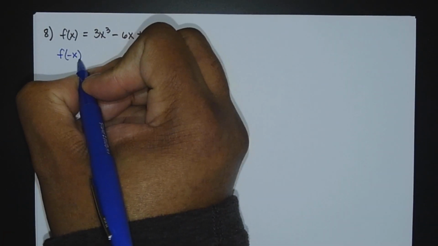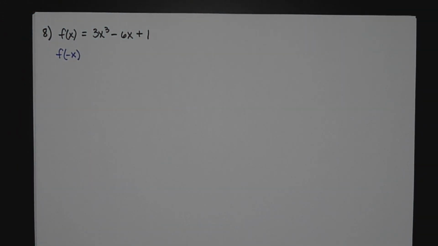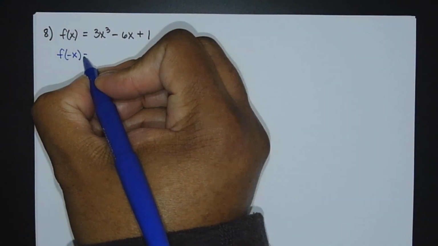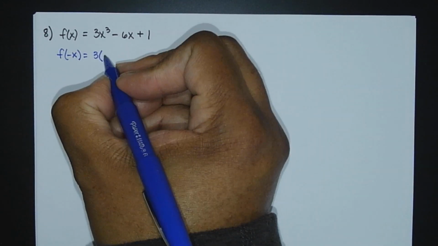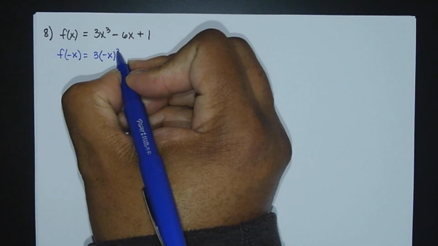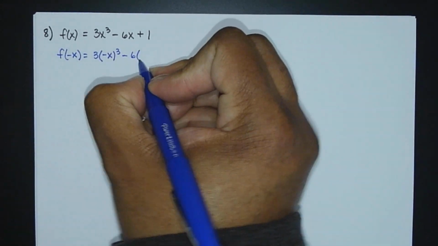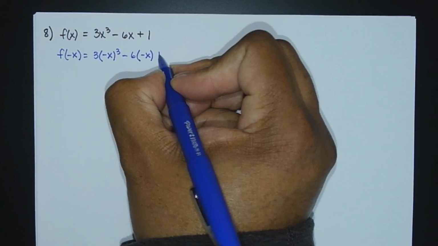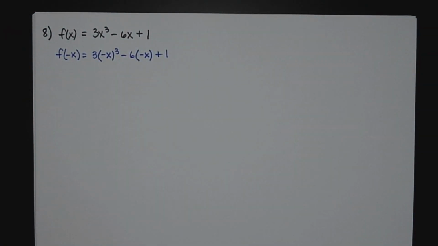Anytime you're determining whether you have an even or an odd function, or neither, we replace each x with -x. So f of -x: replace that, so it'll be 3 times -x cubed, minus 6 times -x, and then plus 1.